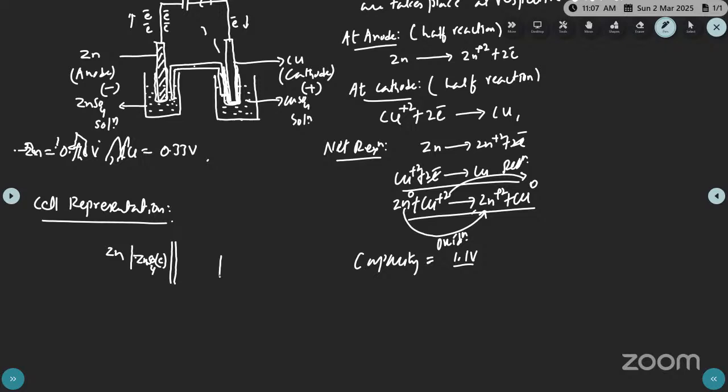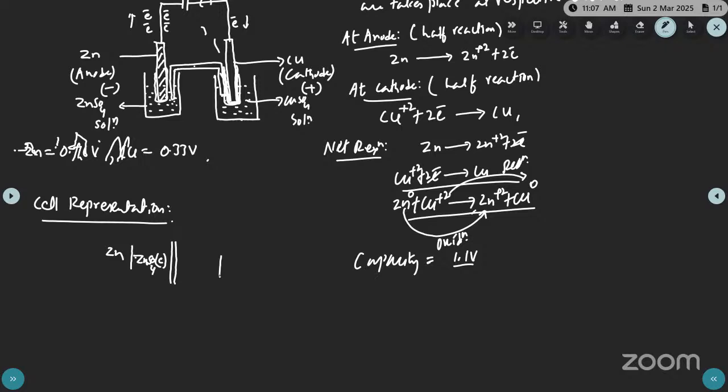During the cathodic representation, on the left side of the vertical line take the solution, and on the right side of the vertical line take the metal. Okay, so that is opposite to the anodic representation. In the anodic representation we took the metal on the left side and the solution on the right side. And during the cathodic representation, take the solution on the left side of the single vertical line and the metal on the right side of the single vertical line.